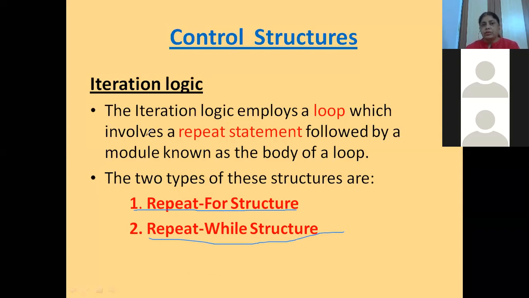What is it used for? The iterative logic statement is used to execute a set of instructions based on a condition. If you want to execute 10 times, you can set a loop of 10, and that set of instructions will execute again and again while the condition is true. Once the condition becomes false, it will automatically exit from the loop. So this is the iterative structure.